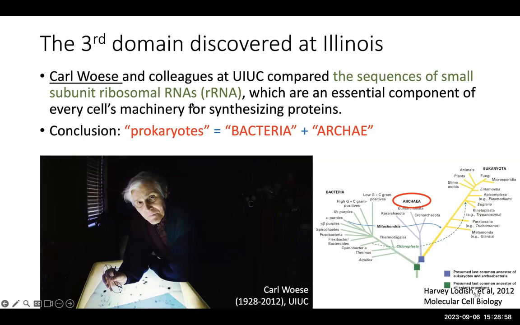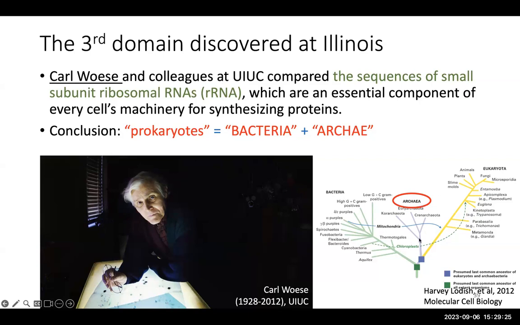There's a type of RNA that can directly talk to a ribosome, called ribosomal RNA. So Carl compared the sequence of the ribosomal RNA of bacteria and eukaryote. He found that these two RNAs are actually very different. They do not belong to the same kingdom. So that's because of him.